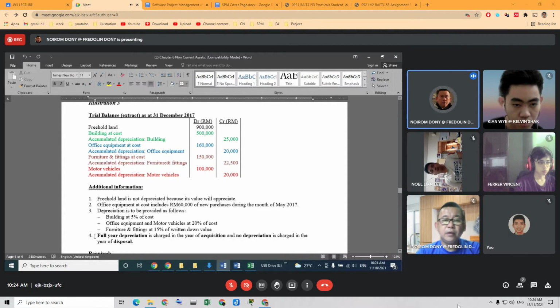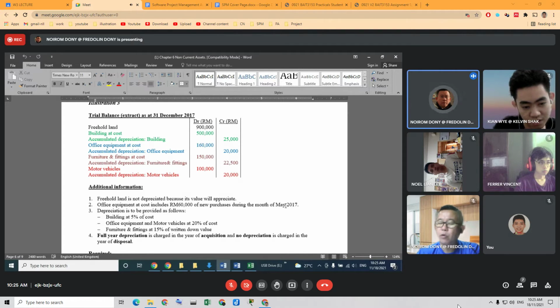And information number 4, full year depreciation is charged in the year of acquisition. So what does it mean? This is using the calendar year. So if, let's say, we bought office equipment in May 2017, they own this asset starting from May: May, June, July, August, September, October, November, December.